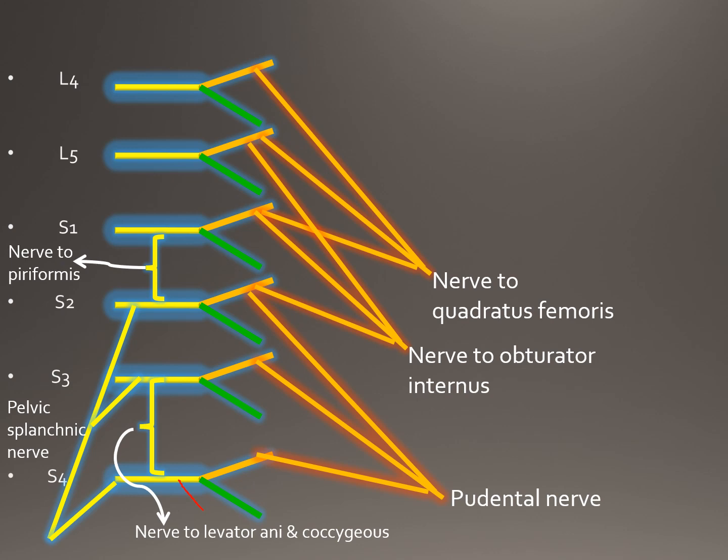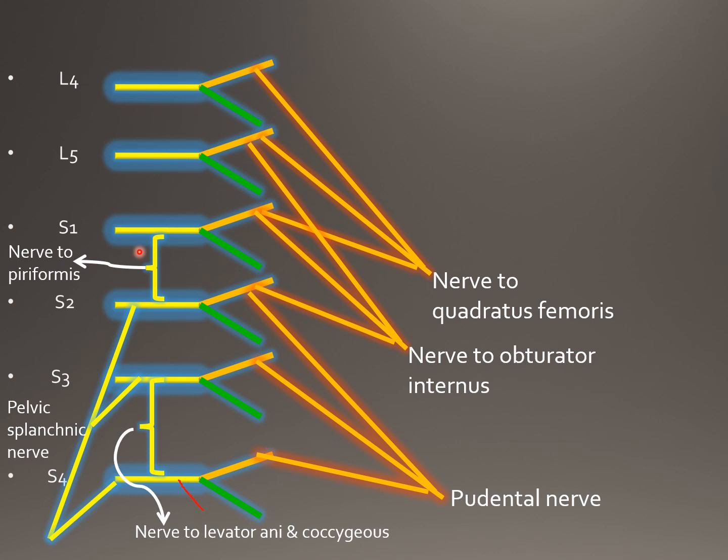Now, first we will see the nerves which arise from the roots. Three sets of nerves arise from the roots: nerve to piriformis, nerve to levator ani and coccygeus, and pelvic splanchnic nerve. These 3 nerves arise from the roots of the sacral plexus.